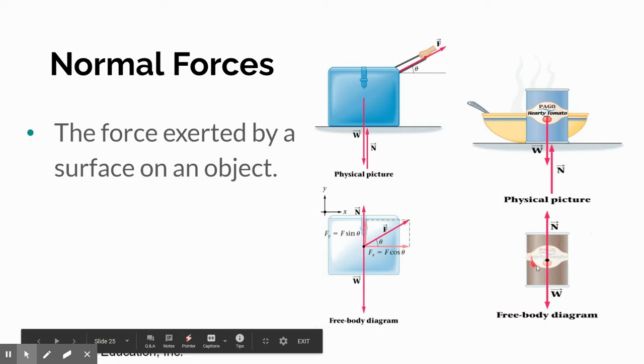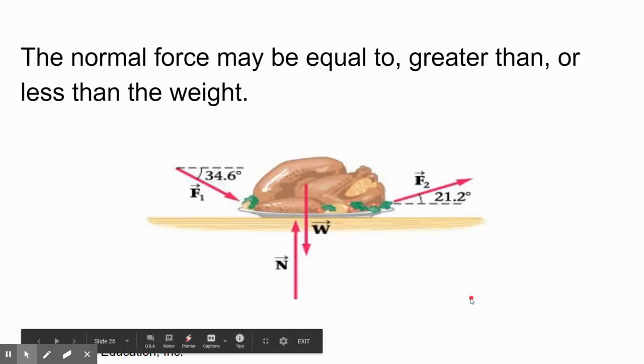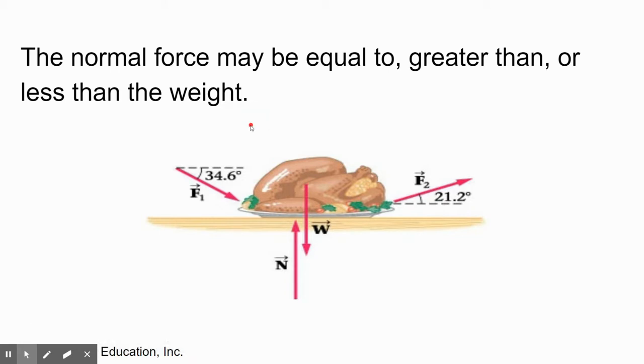So the normal force is always pointing up. Well, in these cases, because our surface is right here and the object is sitting on top of the surface. The normal force can be equal to, greater than, or less than the weight. So this will just depend on whatever the object is that is sitting on the surface.